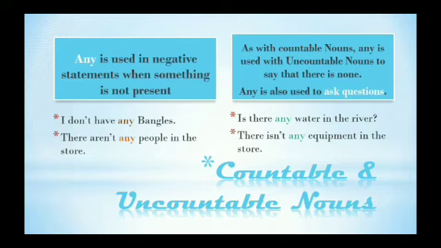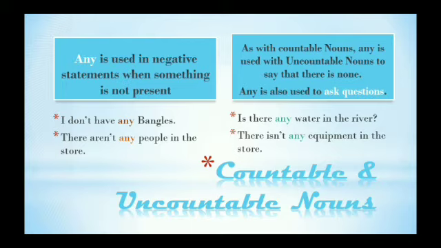Another important thing is any is used in negative statements when something is not present. It's used with both countable and uncountable nouns. Any is also used to ask questions. Dear students, let's now look at the examples given here along with countable nouns. The first one, I don't have any bangles.